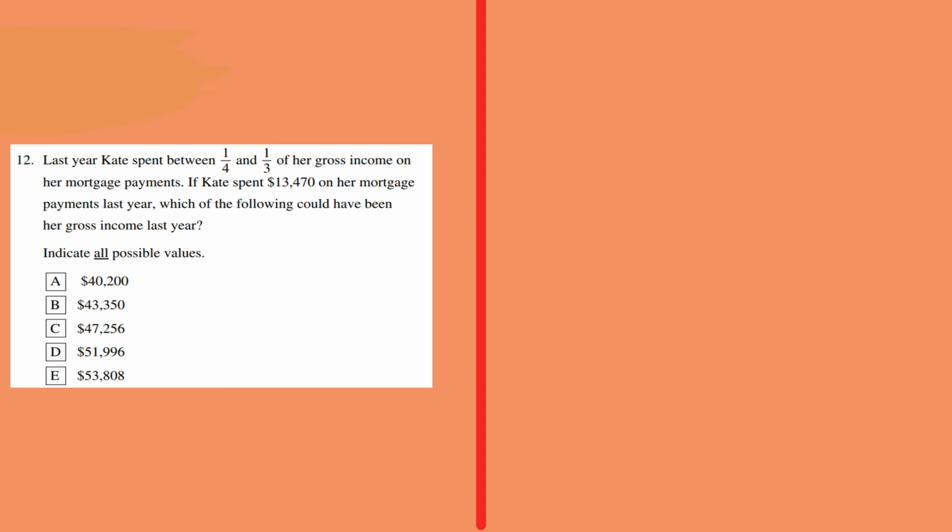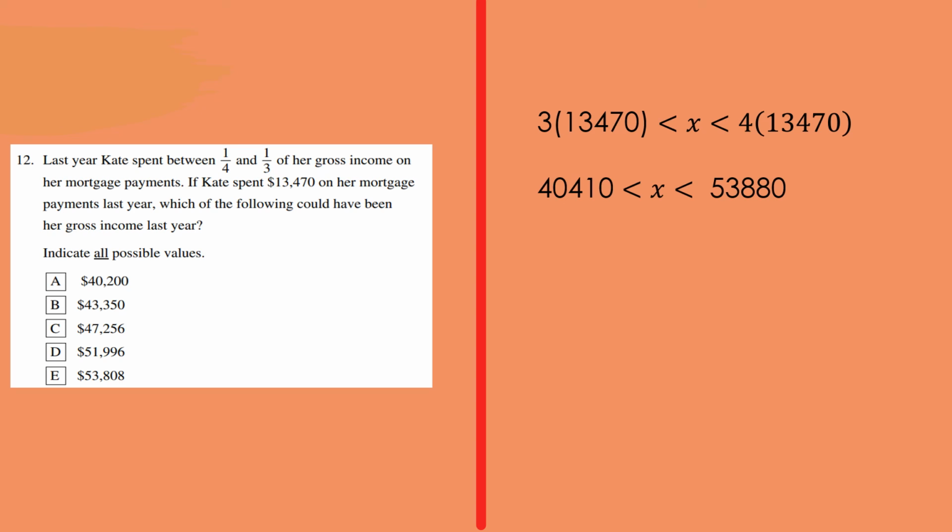Since she spends between 1/4 and 1/3 of her gross income, this mortgage payment of 13,470 will lie between thrice the 13,470 and 4 times 13,470. So this will be her last year income. That is, the last year income will lie between 40,410 and 53,880, which is nothing but B, C, D, and E.